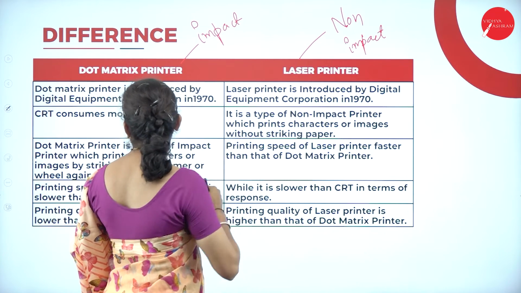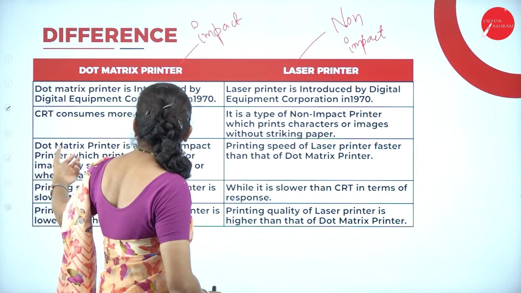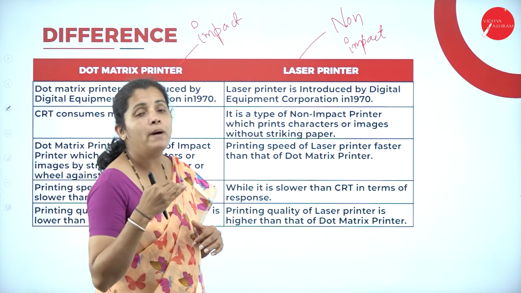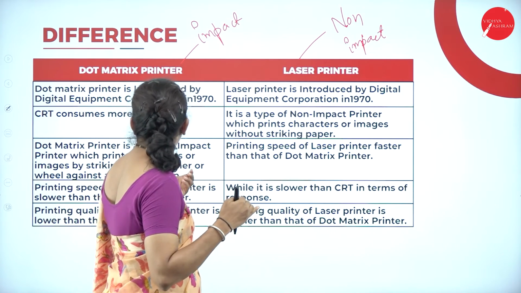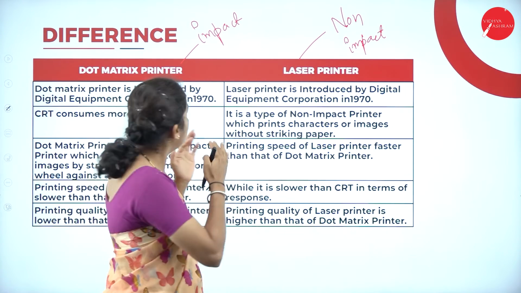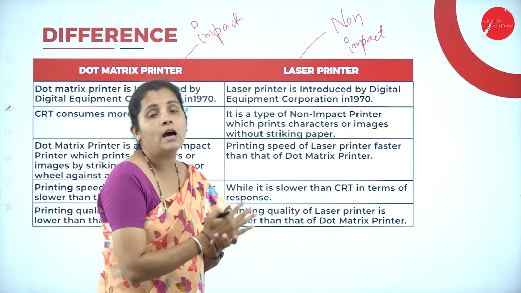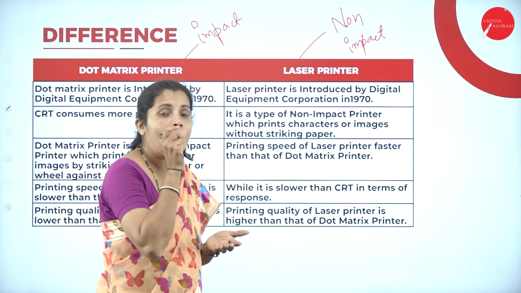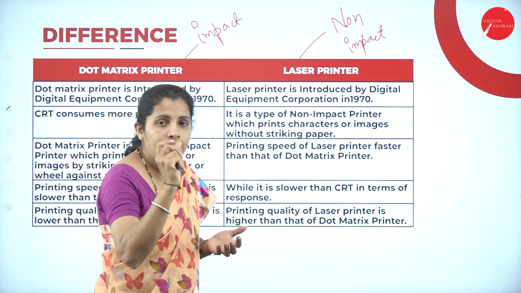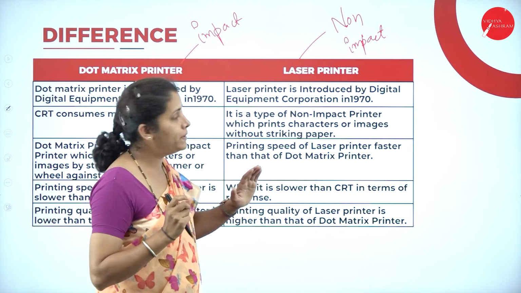The next difference: a dot matrix printer is a type of impact printer which prints characters or images by striking a print hammer or wheel against the ink ribbon. So there is an interaction between ribbon and paper.